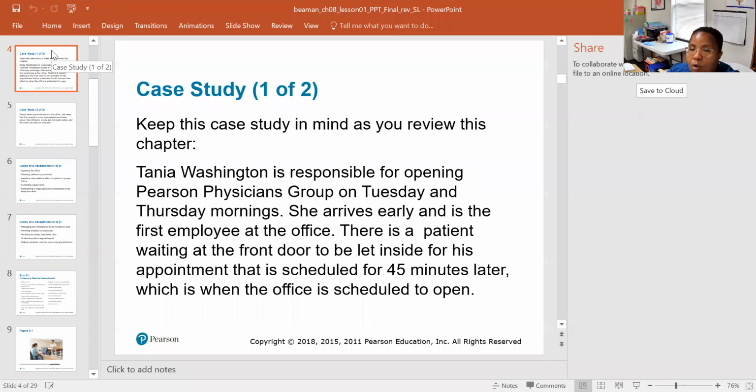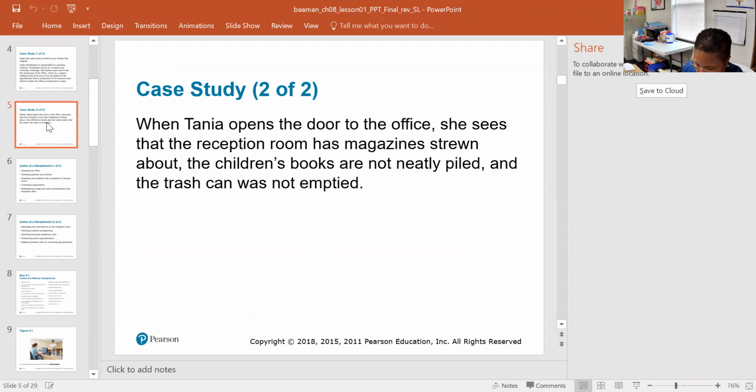It says, Tania Washington is responsible for opening Pearson's Physicians Group on Tuesday and Thursday morning. She arrives early and is the first employee at the office. There is a patient waiting at the front door to be let inside for her appointment, scheduled for 45 minutes later, which is when the office is scheduled to open.